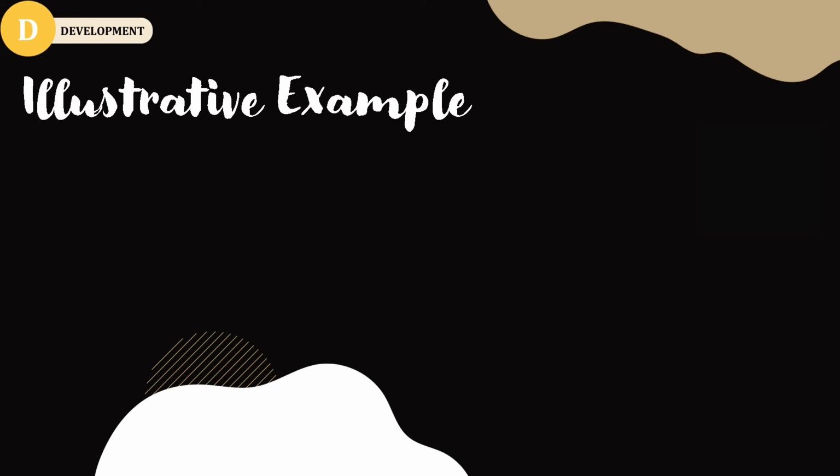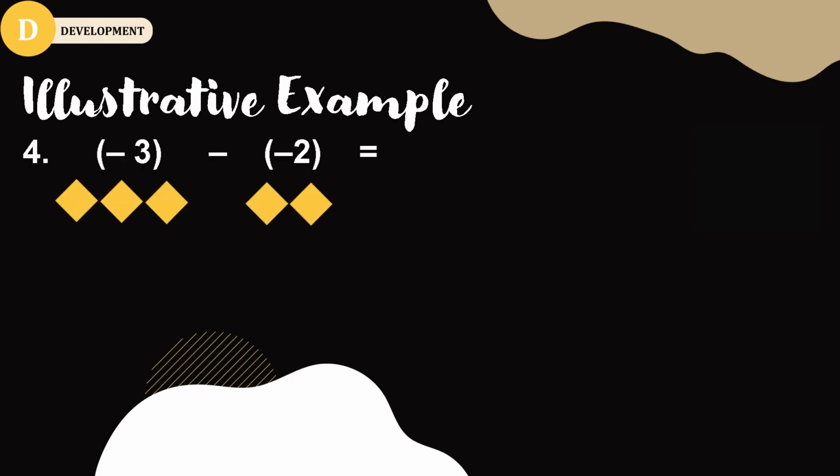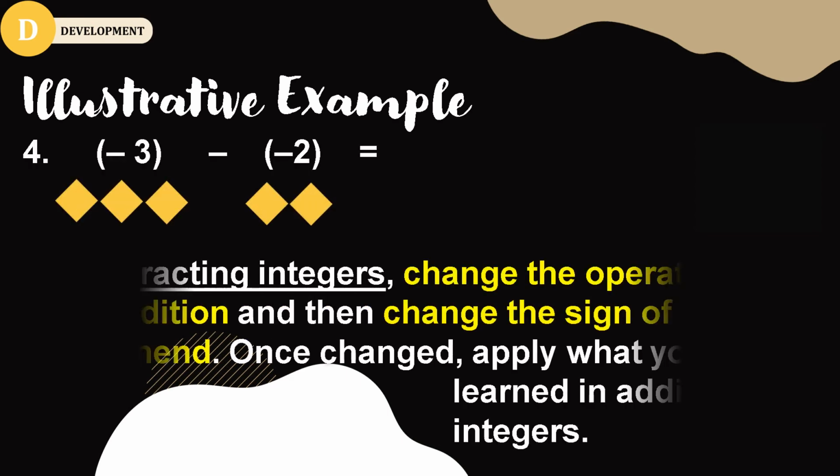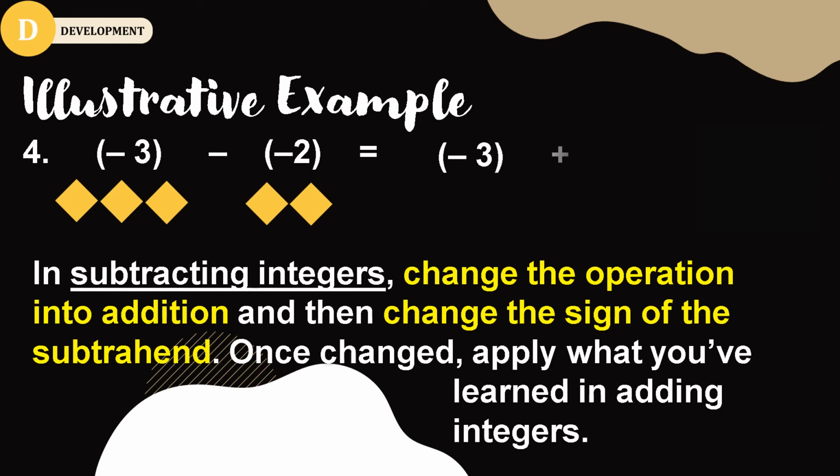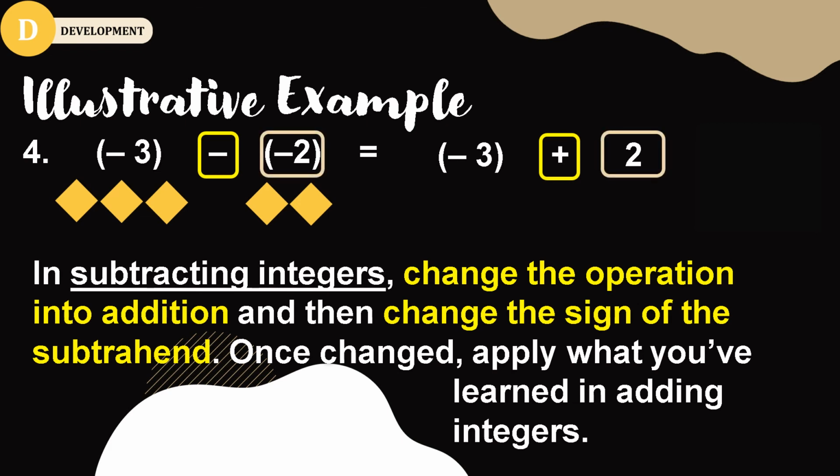What if we are to subtract these integers? In subtracting integers, change the operation into addition and then change the sign of the subtrahend. Once changed, apply what you've learned in adding integers.